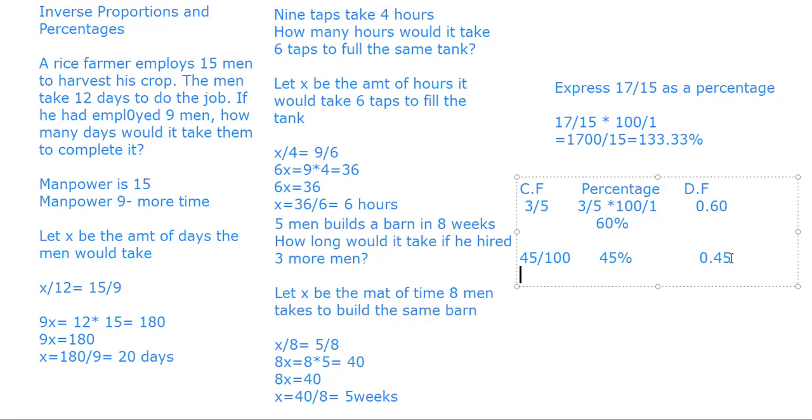So we find the largest factor that could go into them. So let's try 5. So 5 into 45 is 9, and 5 into 100 is 20. And 9 over 20, we can't go smaller than that, so that's our fraction. 9 over 20, 45%, 0.45.